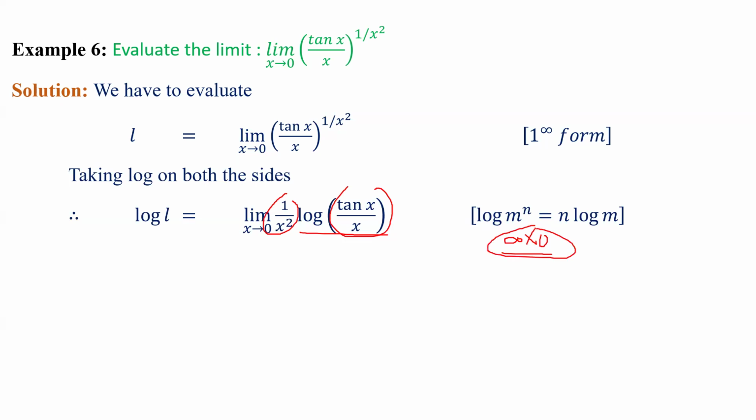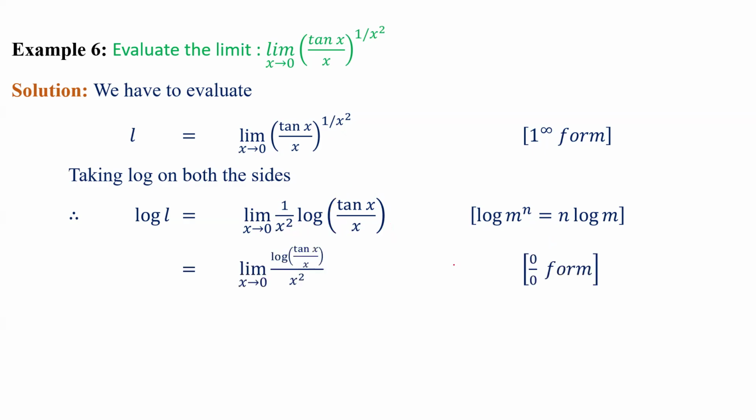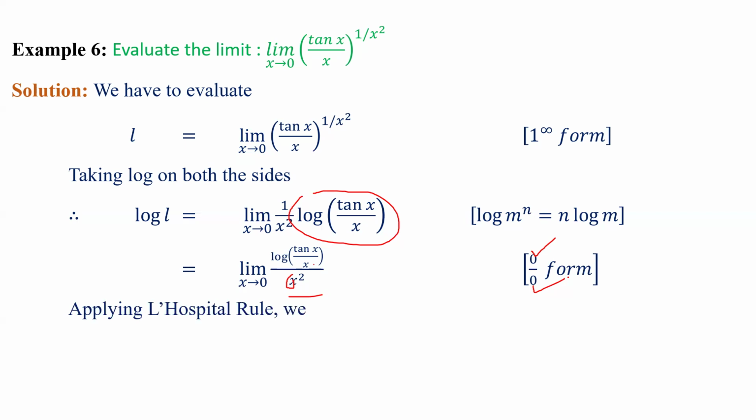To apply L'Hospital rule, this should be converted into infinity by infinity form or 0 by 0 form. So let me write log(tan x / x) in the numerator and x² in the denominator. When x tends to 0, tan x / x is 1, so log 1 is 0, and x² is also 0, so it is 0 by 0 form. Now we can apply the L'Hospital rule.